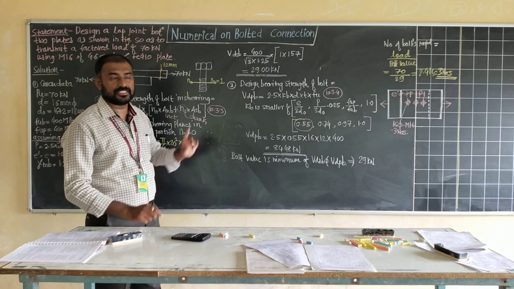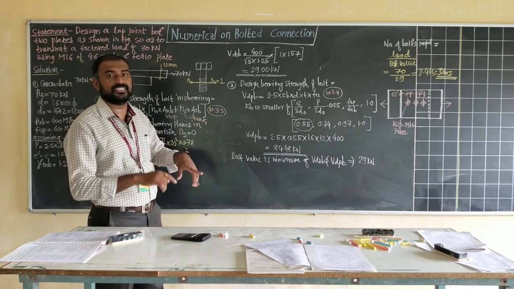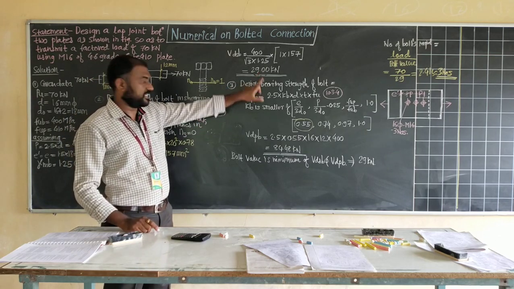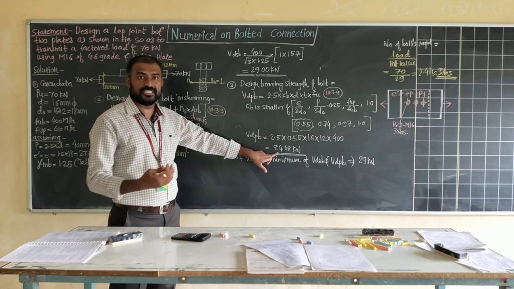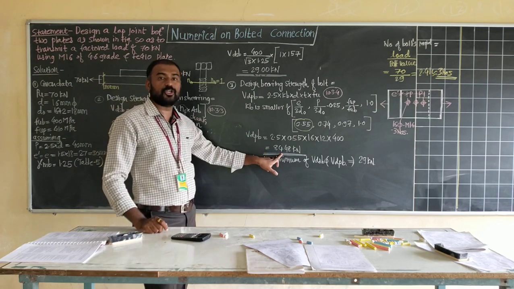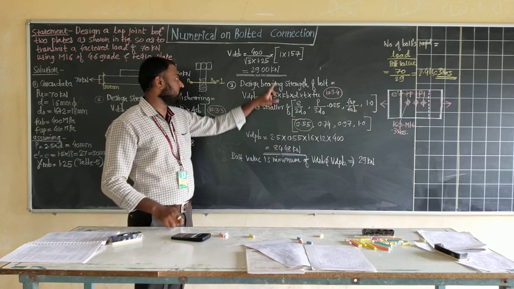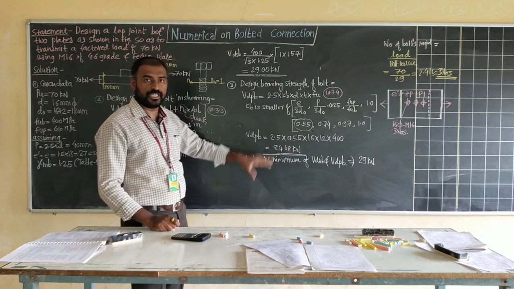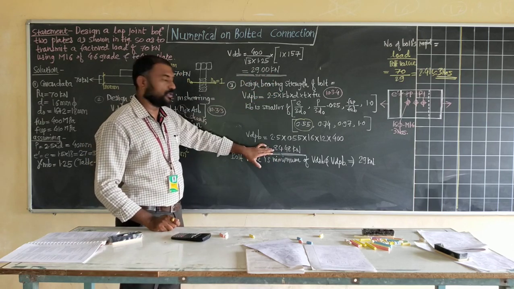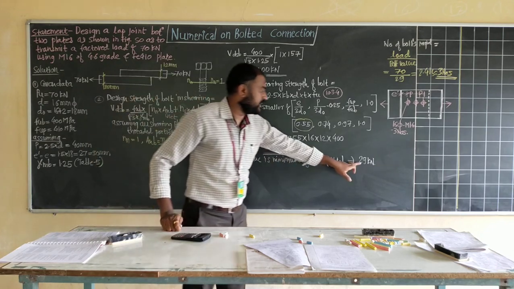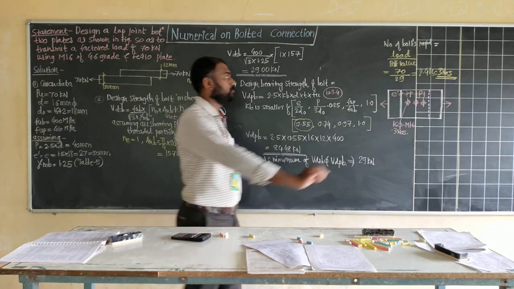Correct? Consider an example, suppose 70 kilonewton is going to act. The first value is 29, the second is 84. The bolt is going to pass the load of 70 kilonewton for bearing, but due to shearing it is going to fail at 29. Therefore the minimum value between these two is 29 kilonewton. So that will be your bolt value.